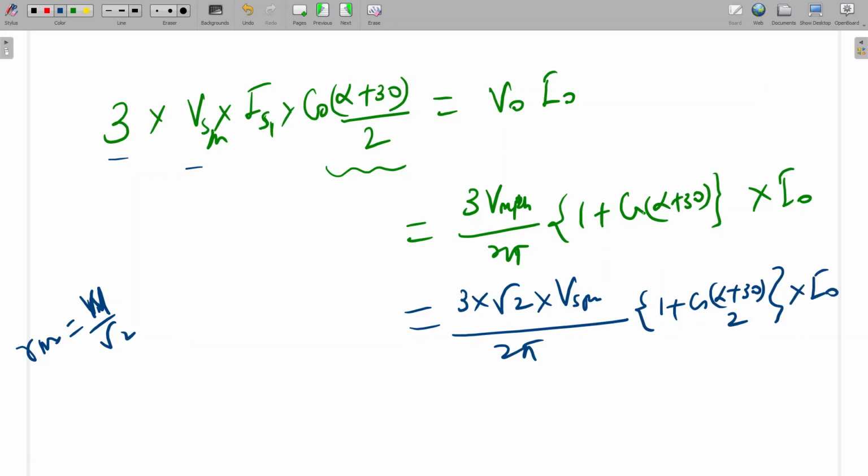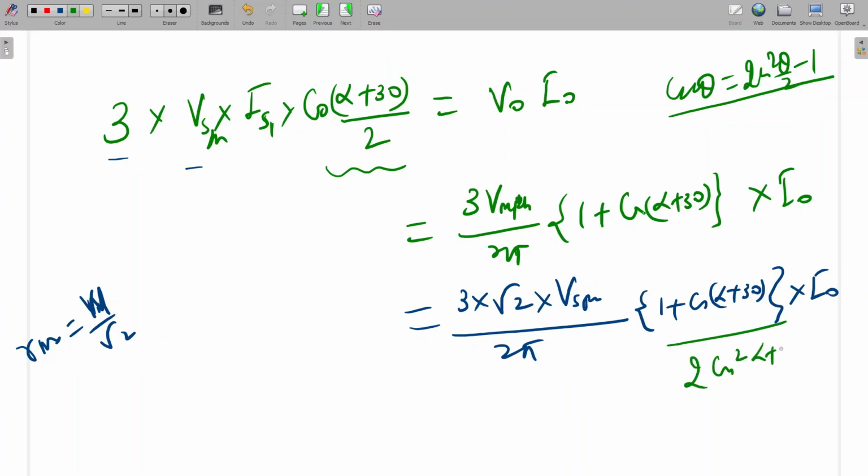Sir, cos alpha plus 30 by 2, how? Okay, one second. 1 plus cos theta is equal to 2 cos square theta by 2 minus 1, like that. So we can write this as 2 cos square (alpha plus 30) by 2. Is it correct? I think it will be correct only.